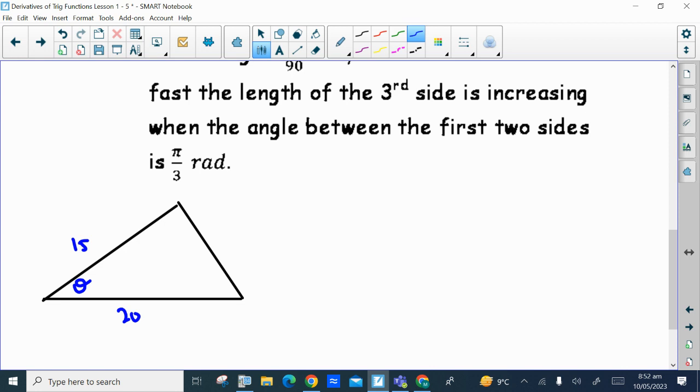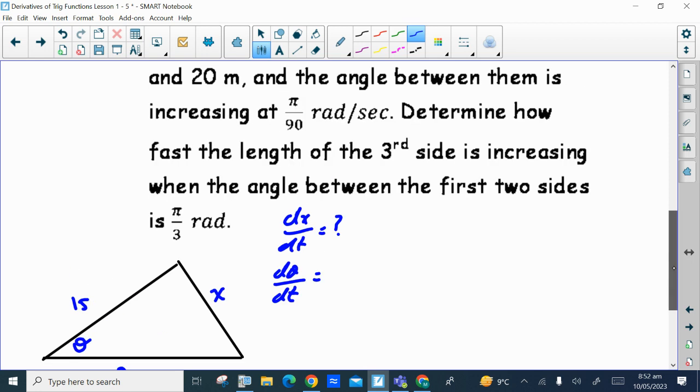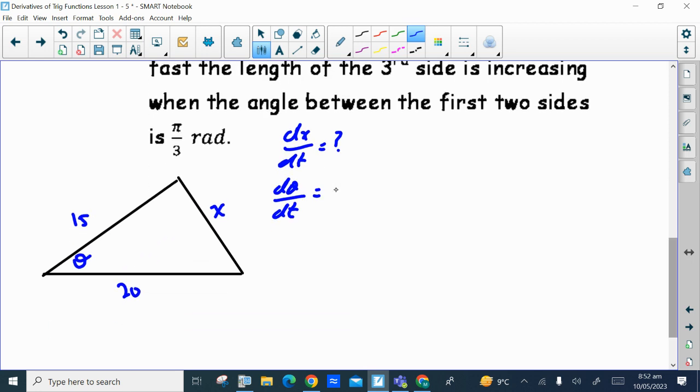We want to know how fast the length of the third side is increasing. So if we label that third side x, we want to find what dx by dt is. We're given d theta by dt, the rate of change of theta with respect to time. That is pi by 90 radians per second.